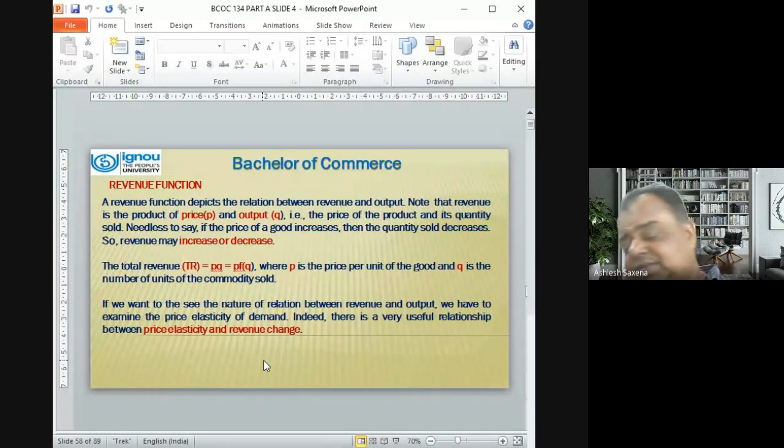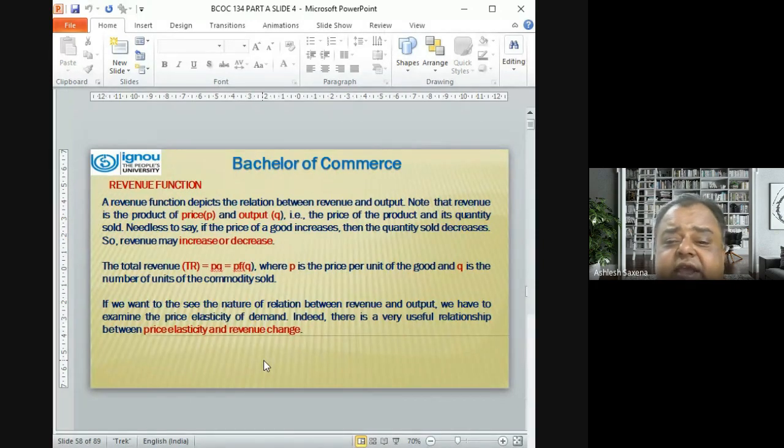Revenue function. Simple. The number of units produced multiplied by the unit price. A revenue function depicts the relation between revenue and the output. The revenue is the product of price and the output, the price of the product and its quantity sold.